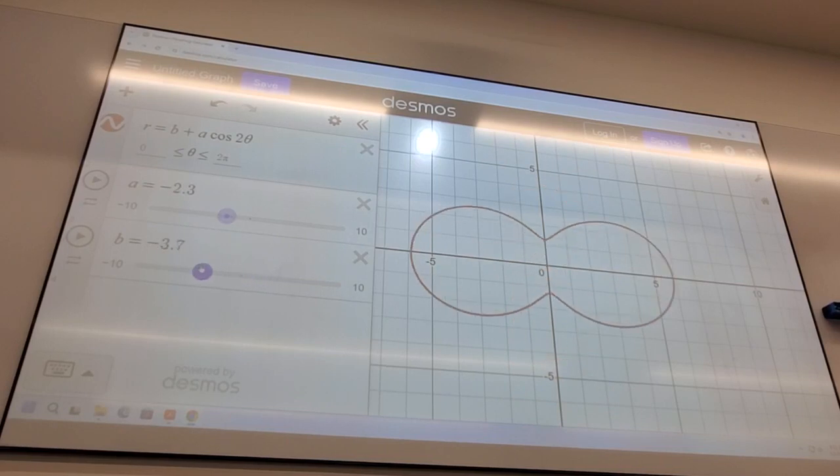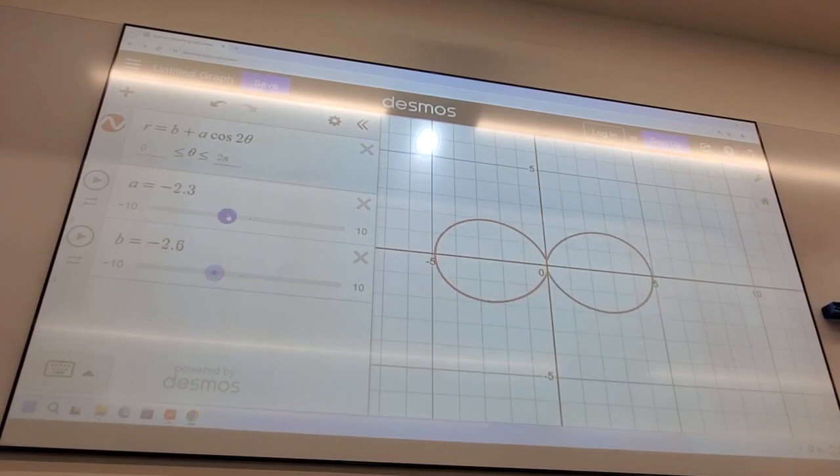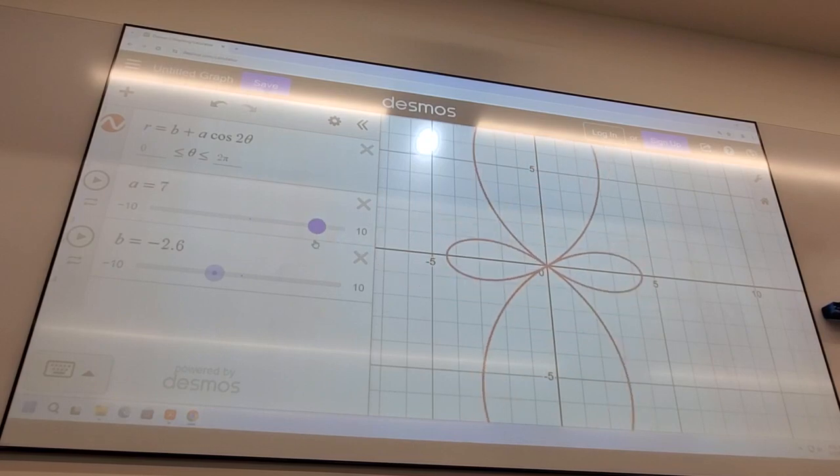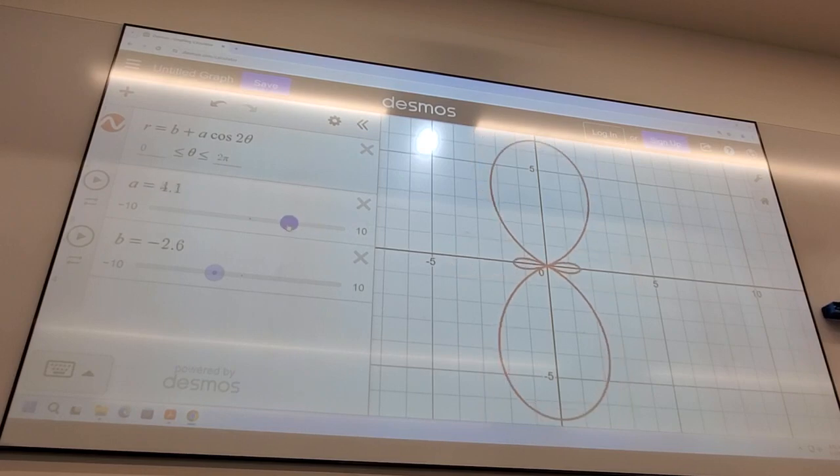Now that looks like you're having a trip. Okay, so there's a peanut. So you can have fun with a graphing utility.